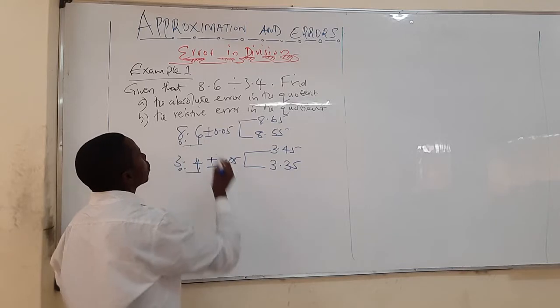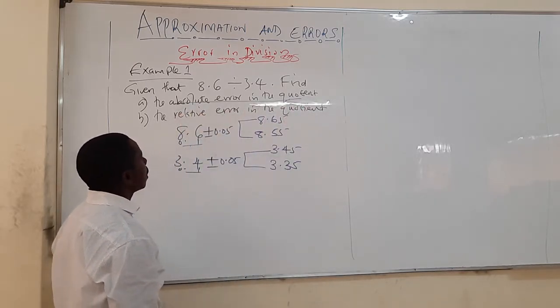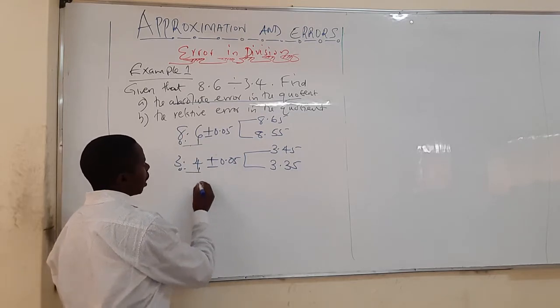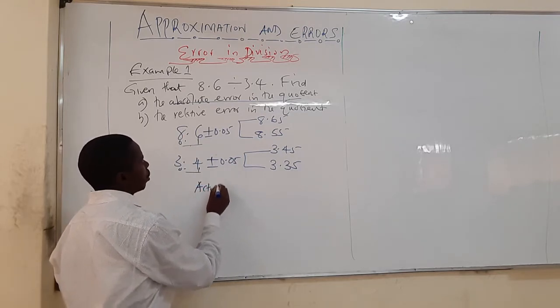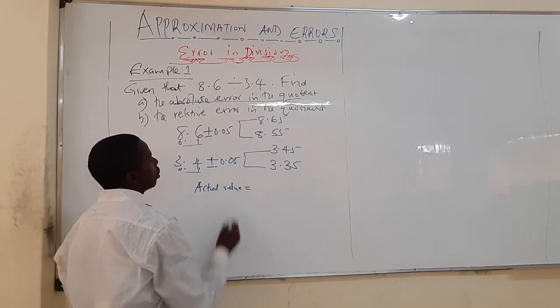We want to get the absolute error in the quotient, and the first thing we are going to get can start with the actual value when we do the division.